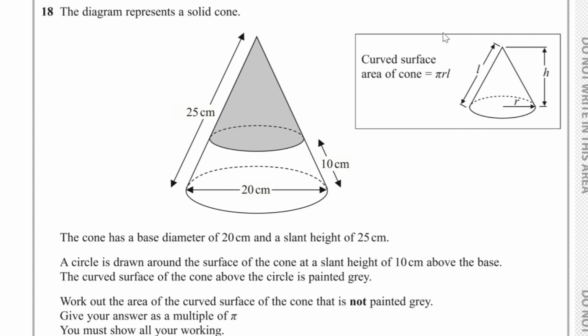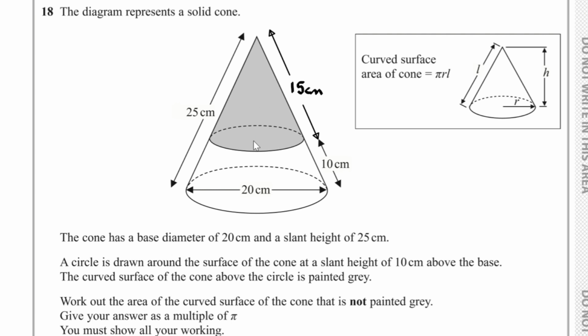Well, what we can do to begin with is find out what this over here is, and that will equal 25 take away 10, which is equal to 15. So the slant height of the grey bit is 15 centimeters.